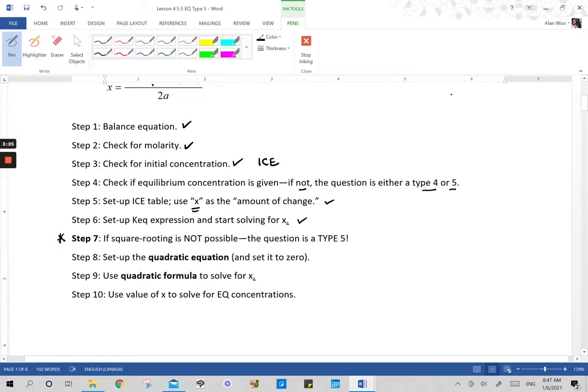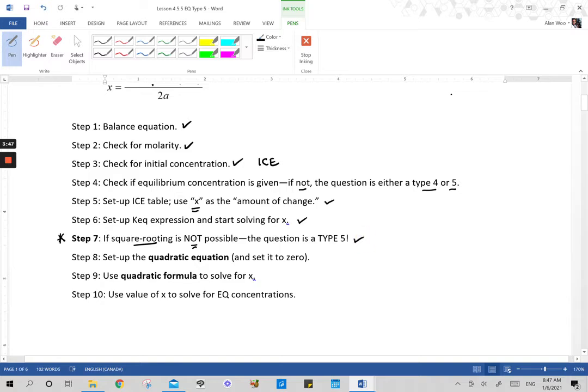When you get to this step, you're looking at your question and trying to figure out, is there a way for me to square root, like what we did in a type 4? If not, if mathematically it's not possible, then you have a type 5.